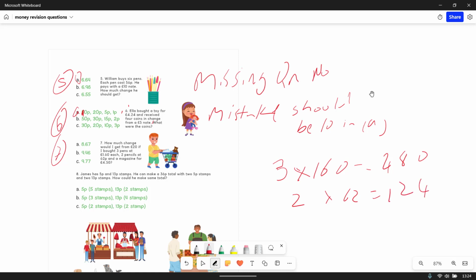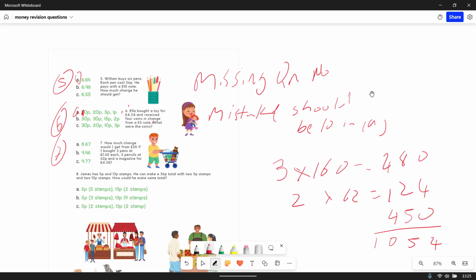And a magazine, 450. So add all of that: 480, add 124, add 450. That's £10.54.